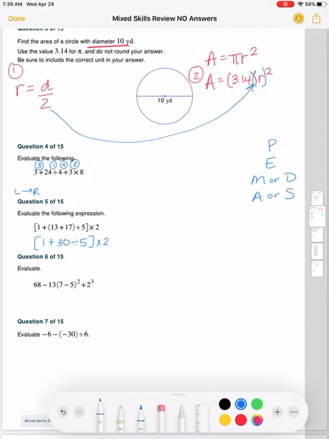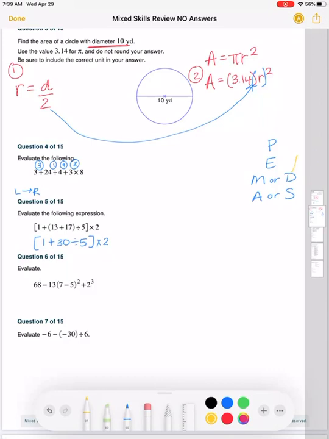Division comes before addition. So we're going to divide first. So we're going to go back to this and we get 1 plus 6 times 2. I think you can finish it from there. Obviously, you have to do this first. This is first. This is second because those are still parentheses.